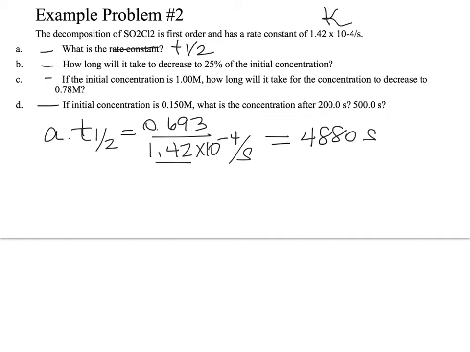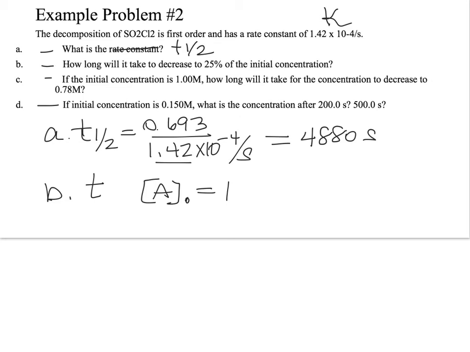All right, part B. How long will it take to decrease to 25% of the initial concentration? So I'm solving for t in this particular case, and I'm asked about 25%. What you can do here is say that A sub 0, the initial concentration, is 1, and just pick a number.